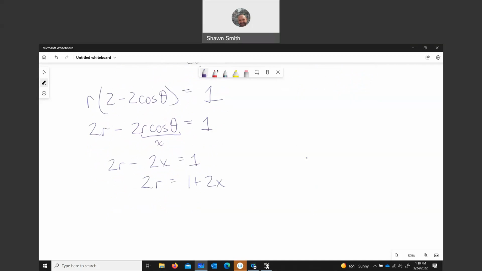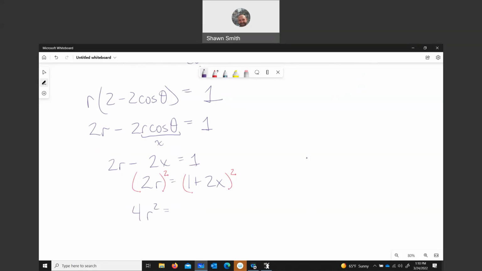Now we have another formula for r. If I square both sides, that would make r squared, and I can replace r squared with something. So 2r all squared is 4r squared. And we'll go ahead and multiply all this out right here.